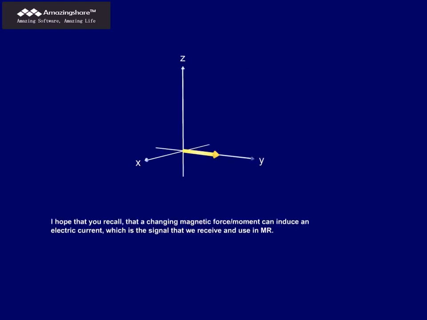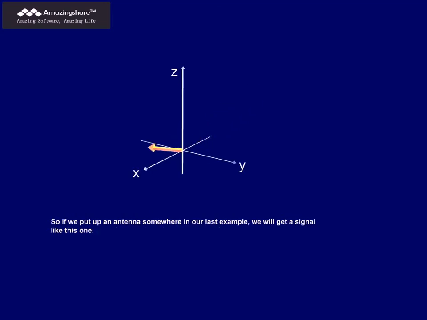I hope that you recall that a changing magnetic force, moment, can induce an electric current, which is the signal that we receive and use in MR. So if we put up an antenna somewhere in our last example, we will get a signal like this one.